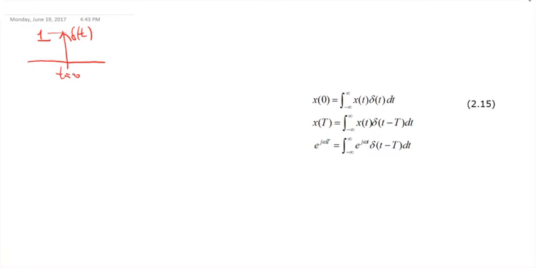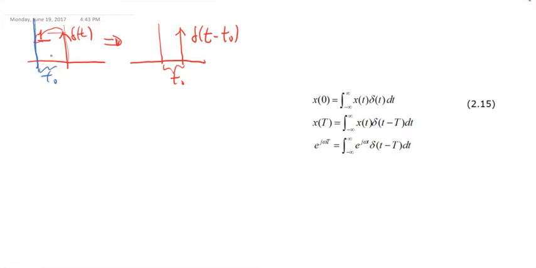Okay, of course, another very important concept is delta t minus t naught, and this is at t naught. If we have delta t minus t naught, we shift the t axis by t naught, so the impulse moves to here.